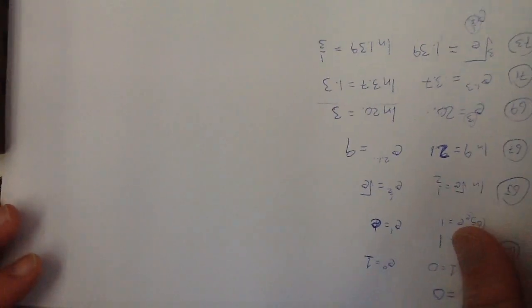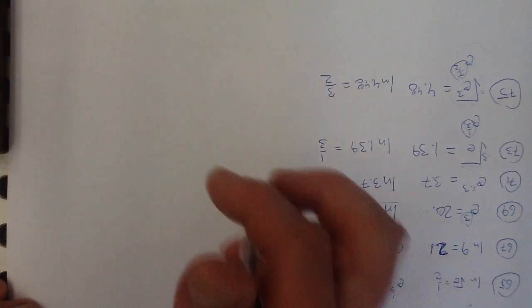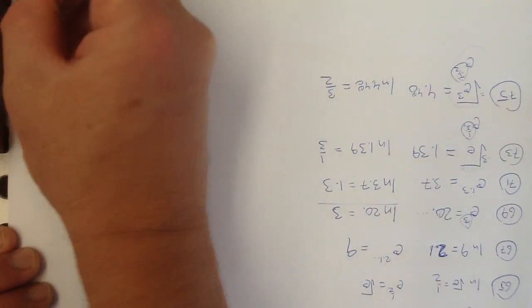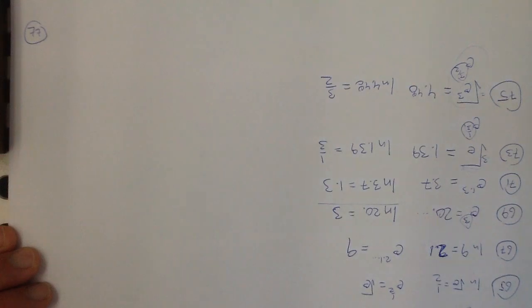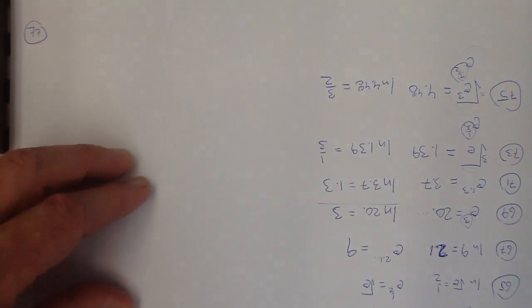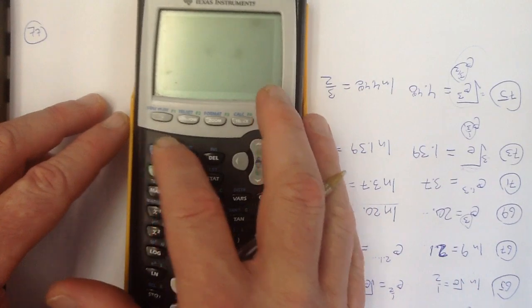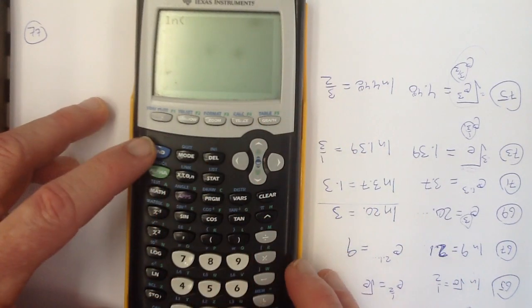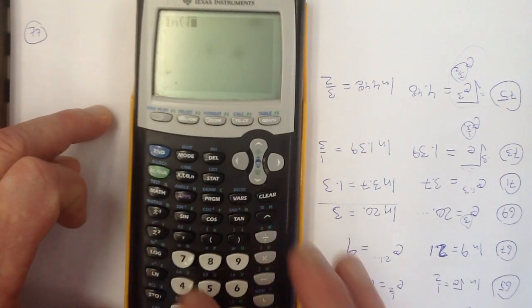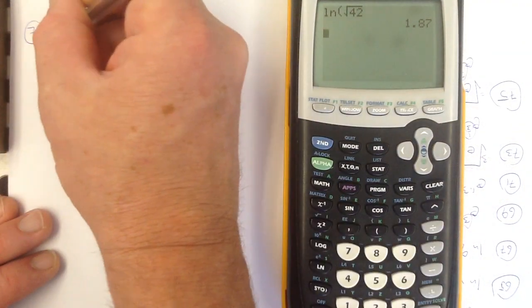Moving on, 77 through 80, we're going to do the calculator. Let's practice pushing some buttons. Number 77, we want to find the natural log of the square root of 42. So let's see, natural log of the square root of 42 is 1.87.